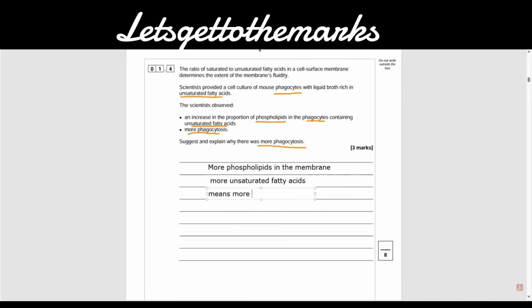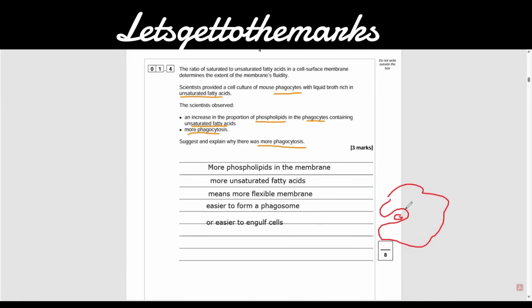And that means if you have more unsaturated fatty acids, of course, you've got a lower melting point, as we saw, which means your membrane is going to be more fluid, more liquid, more flexible, more able to engulf a pathogen and do phagocytosis, more able to form a phagocytic vesicle or phagosome, depending on your exam board or the book you're reading. So here's a phagocyte, and here it is flexing its membrane around a pathogen and then eventually forming a phagosome or phagocytic vesicle. So you needed to piece that all together from the stem.